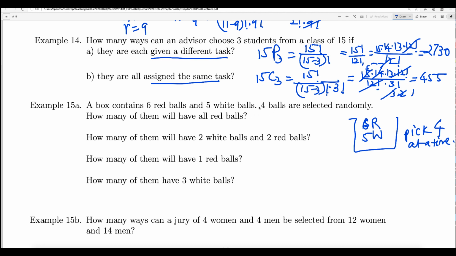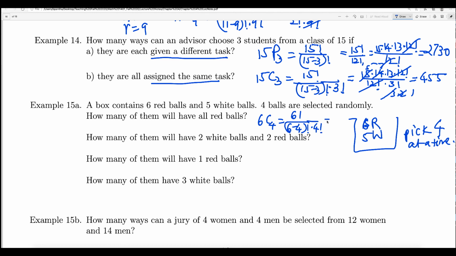How many red balls are in total? There are 6 red balls in total and you are picking 4 at a time. So it will be 6C4. That will be 6 factorial over (6 minus 4) factorial times 4 factorial.